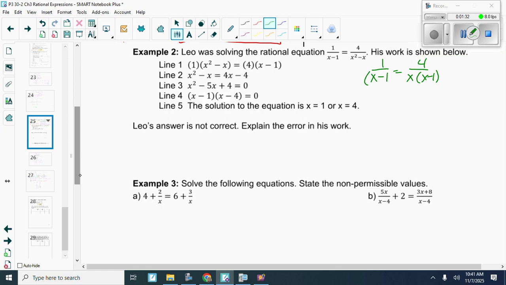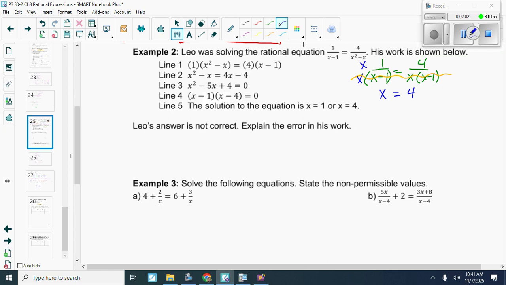In this case, x times x minus 1 is our common denominator, so we just need an x on this side and an x on this side. Once our common denominators are the same for an equation, we can say thank you very much to our denominator, and we're just focusing on our numerator. So we have x is equal to 4.